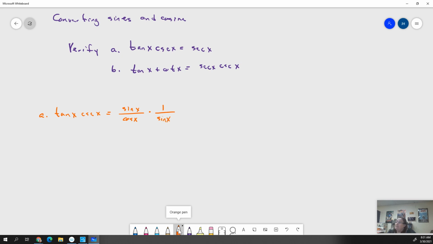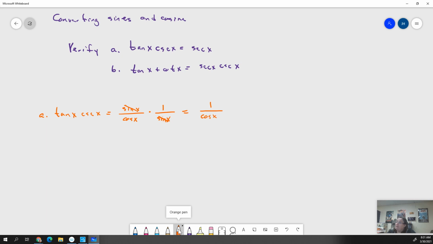Those are my identities. So if I bring these together, I would have sine of x over cosine of x, but I don't have to do that. I could cancel these before I even multiply them. And I wind up with 1 over cosine of x.